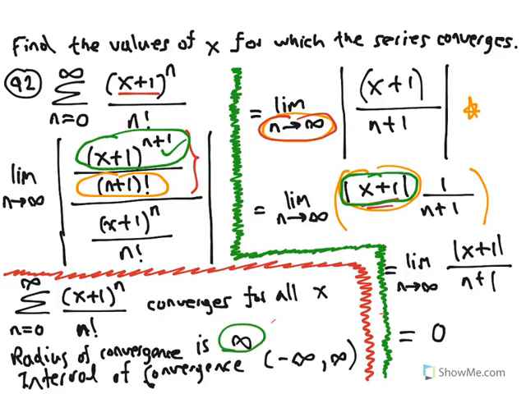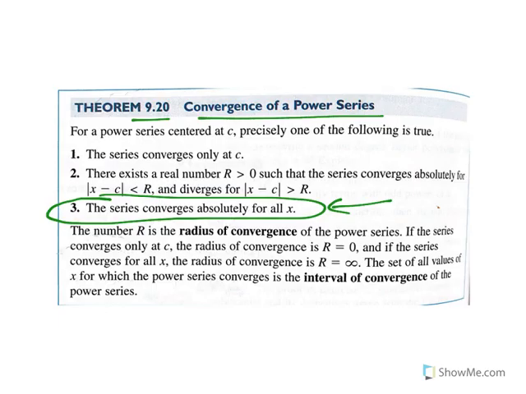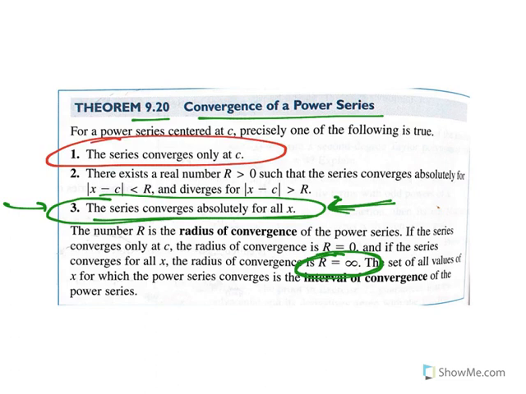The radius of convergence is infinity, and the interval of convergence is from negative infinity to positive infinity. So this is what we just saw in the problem that we looked at now. The series converges absolutely for all x. The radius of convergence is infinity. And in the example prior to that, we saw a series that converged only at its center, and the radius of convergence was 0.